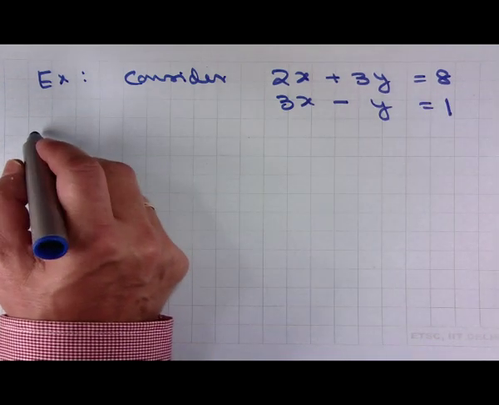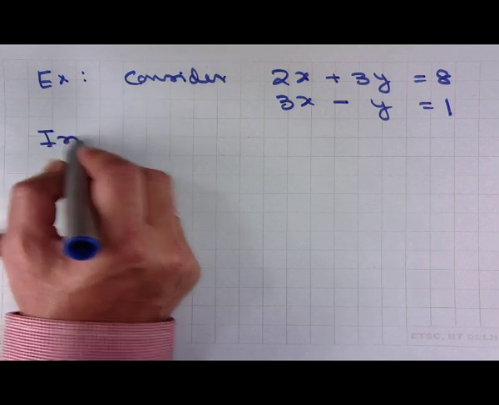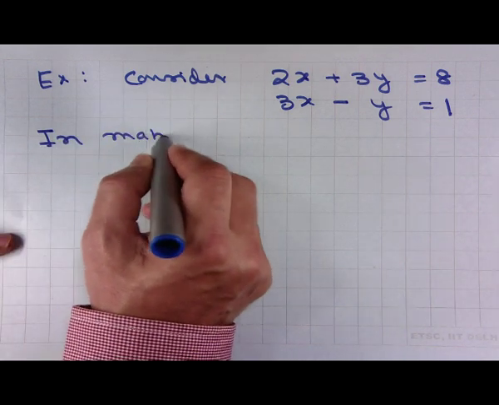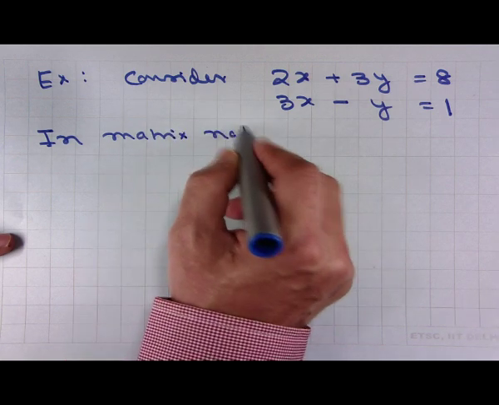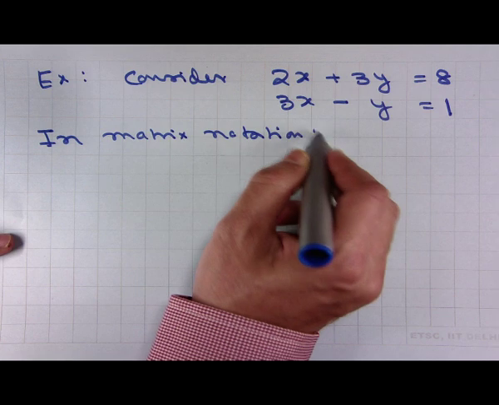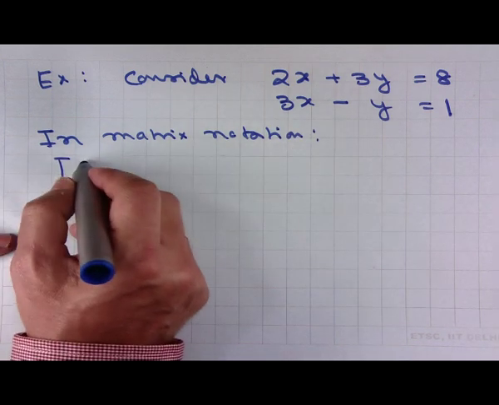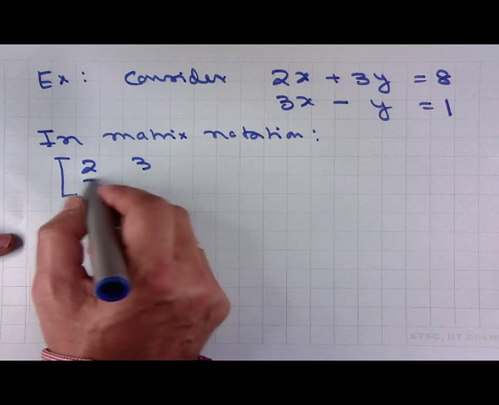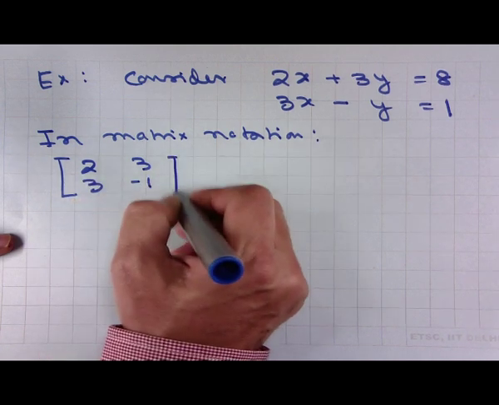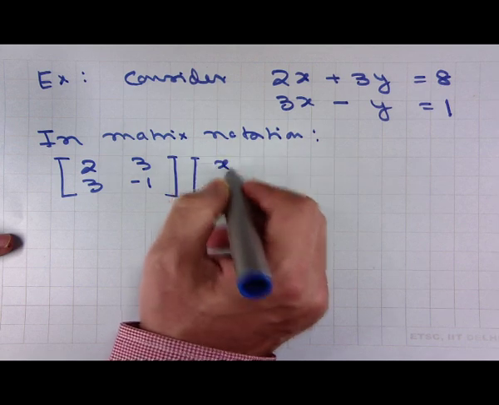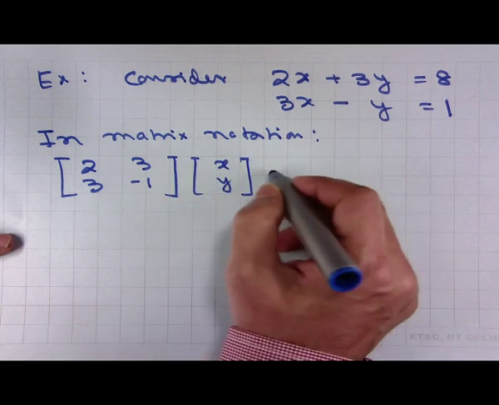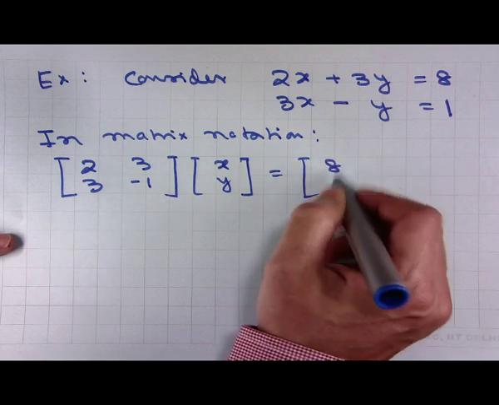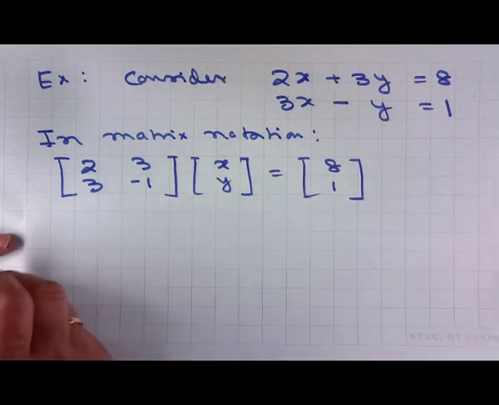Therefore, in matrix notation, [2 3; 3 −1] multiplied by [x; y] is equal to [8; 1].